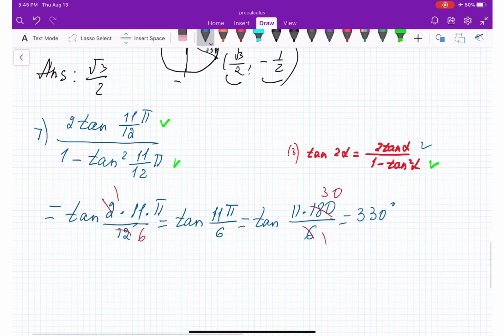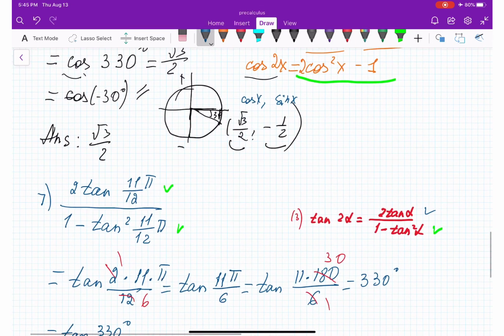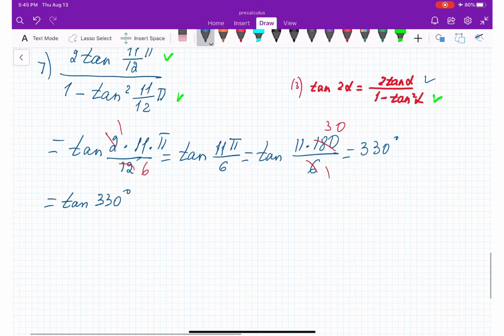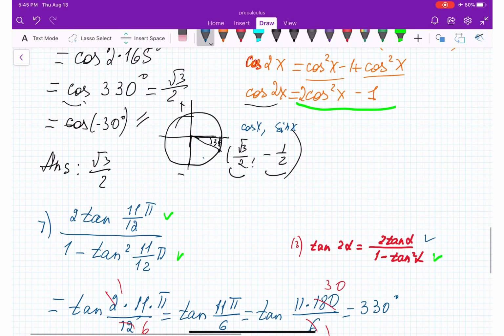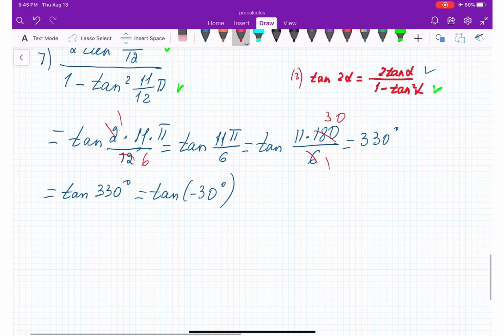So tangent 330 degrees, it's the same thing that we did here, equal to negative tangent negative 30 degrees. Same way as cosine, remember? Cosine 330, we got cosine negative 30. Same thing, tangent 330, we get tangent negative 30 degrees.